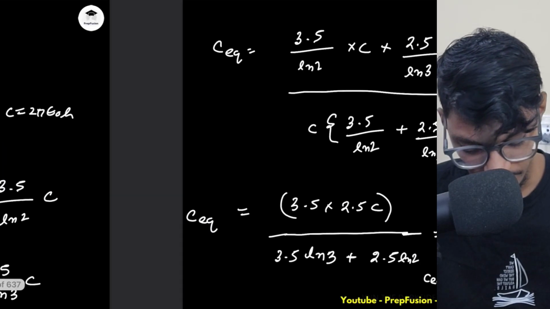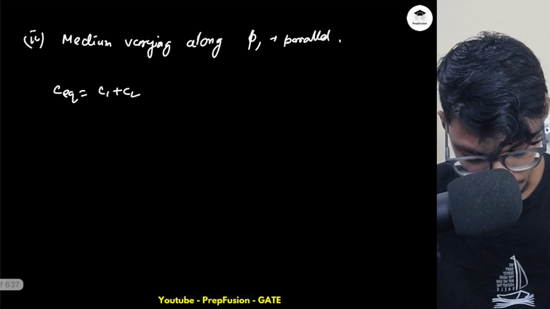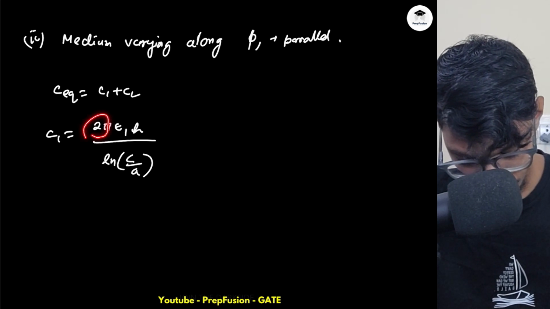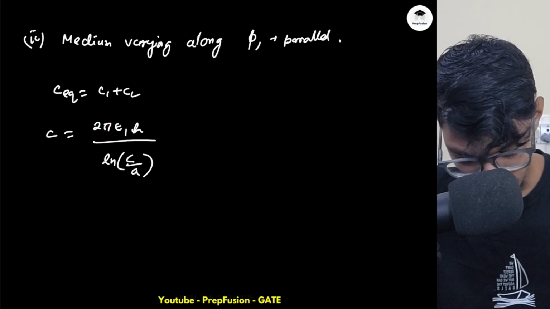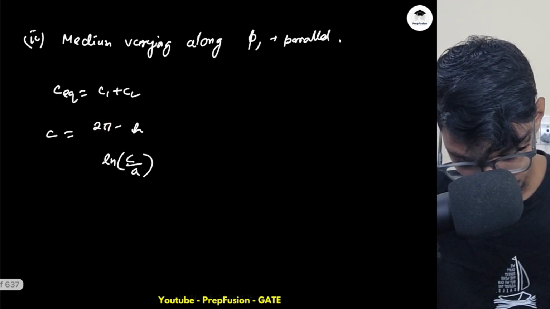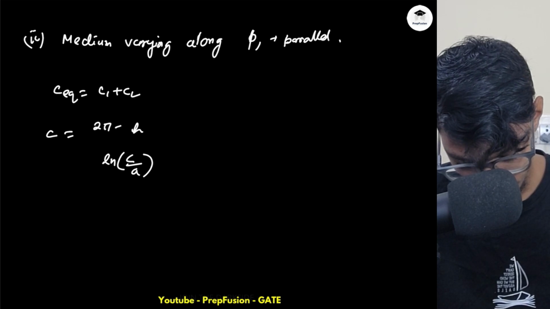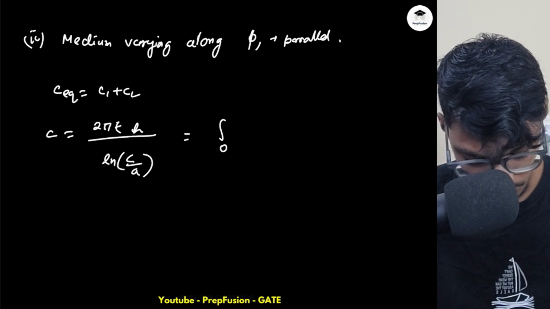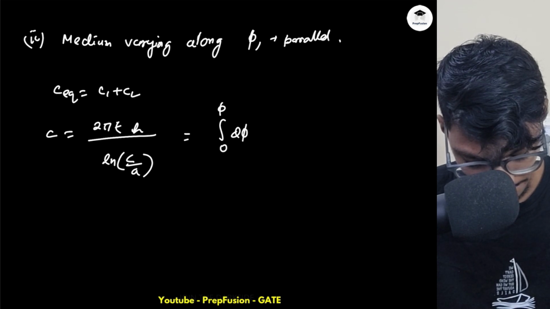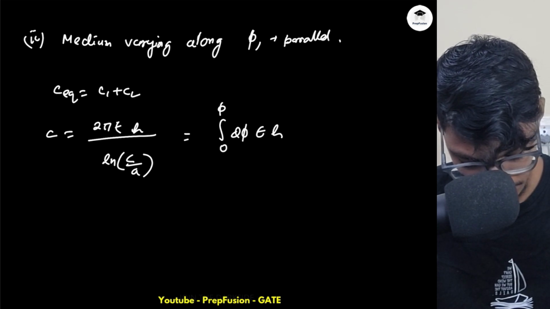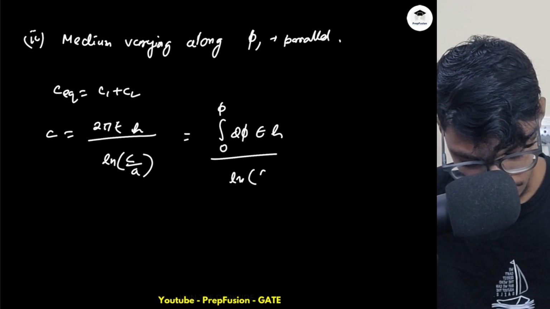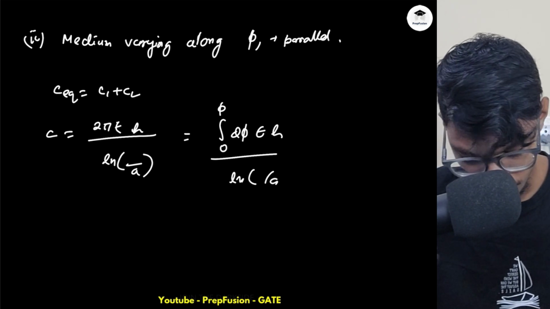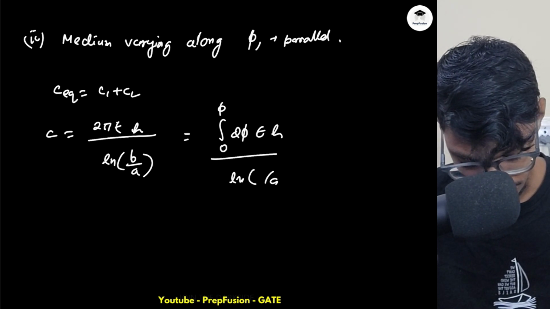Okay, and from here you can identify that this 2 pi is the main thing, right? So I can write down that this is equal to integral from 0 to phi, d phi epsilon h by ln c by a, not c this time, it is b by a only, because there are only 2 concentric cylinders.